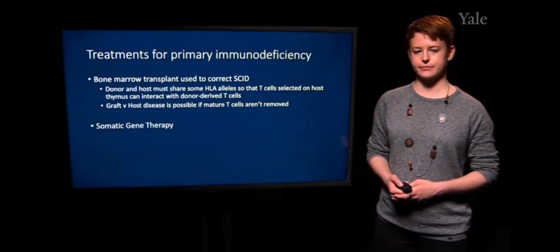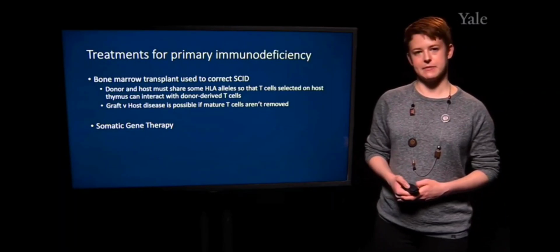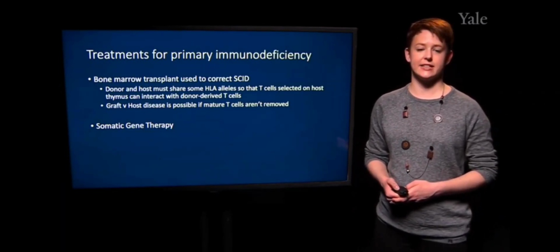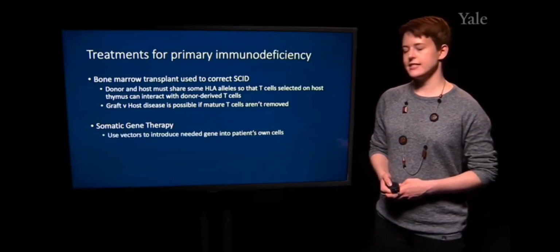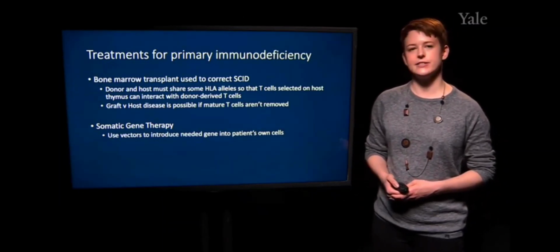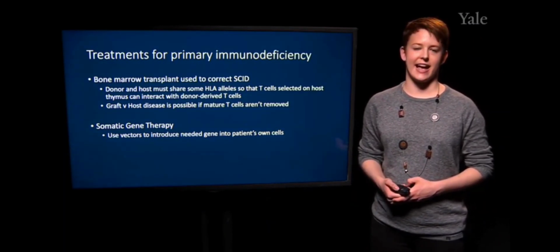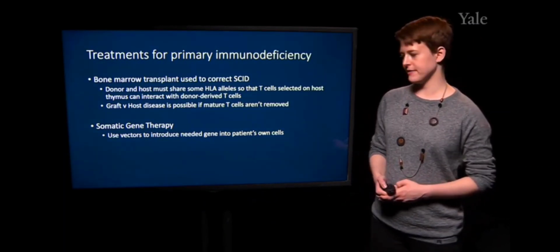Another example of treatments for primary immunodeficiencies are somatic gene therapies. And this is where scientists use vectors to introduce the defective gene. So the patients will then have a copy of the gene that works properly.